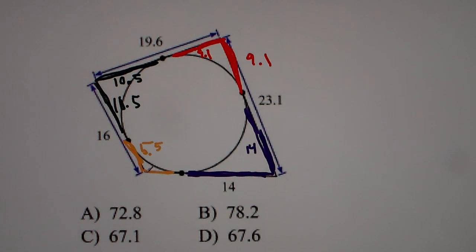That means this beige guy is also 5.5. Now that we have all the sides, we can add them up and we get our perimeter. So we do 19.6 plus 23.1 plus 14 plus 5.5 plus 16, which gets you 78.2. So that'd be our answer here, 78.2.